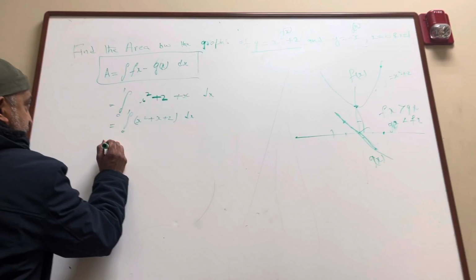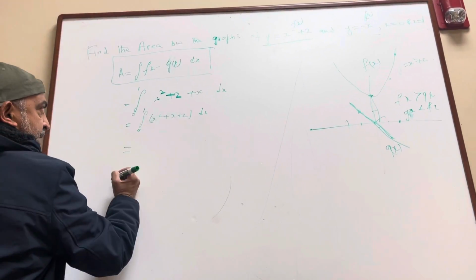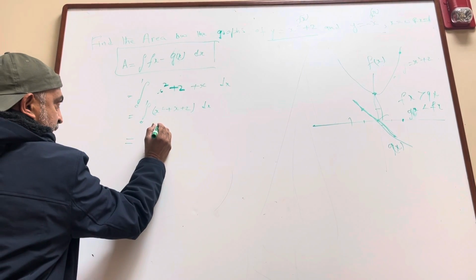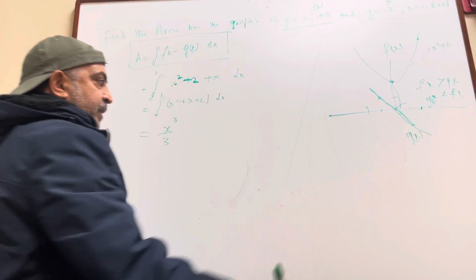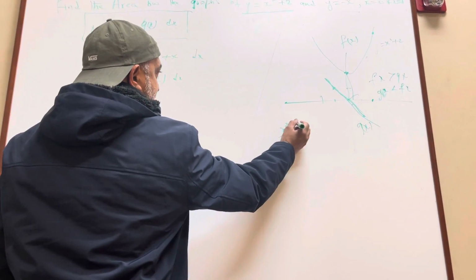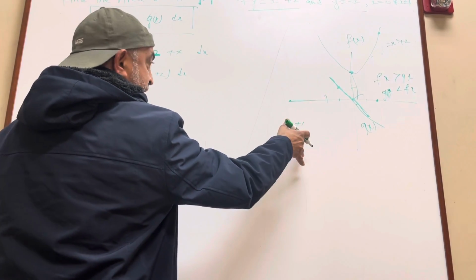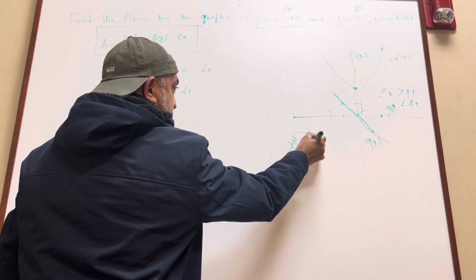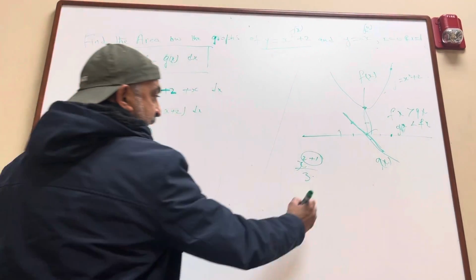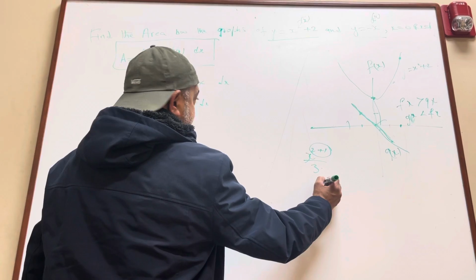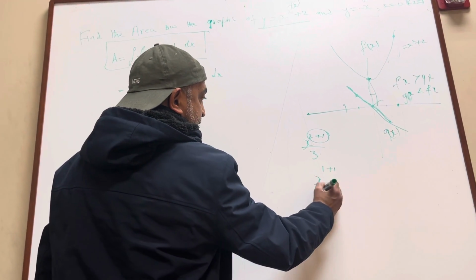So when we integrate, what's the integral of x squared? The integral of x squared will be x cubed upon 3. When we take the integral, what we do is we add one to the exponent, which is the opposite of the derivative, and whatever the new exponent is, we divide by it. 2 plus 1 is 3, so we divide by 3. For x, the exponent is 1, so 1 plus 1 will be 2, and divide by 2.